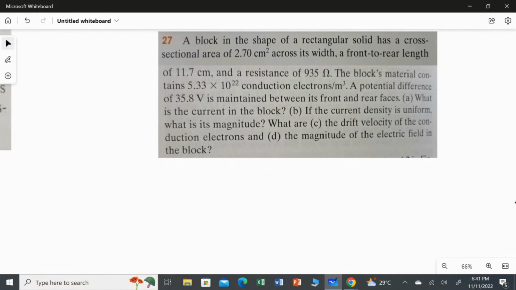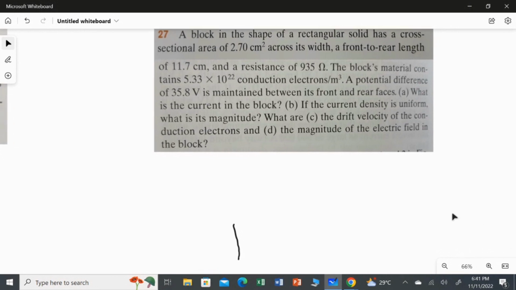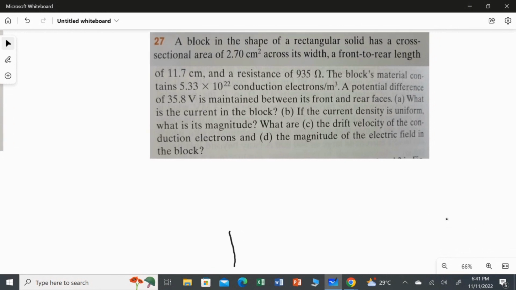So you have the rectangular solid. Better I draw the diagram again. We have the rectangular block.